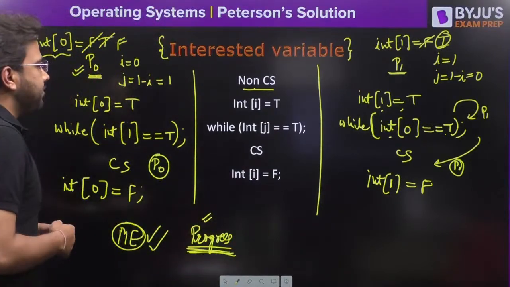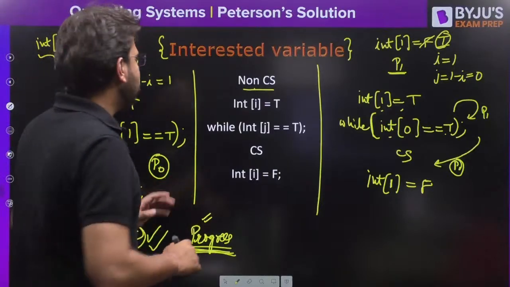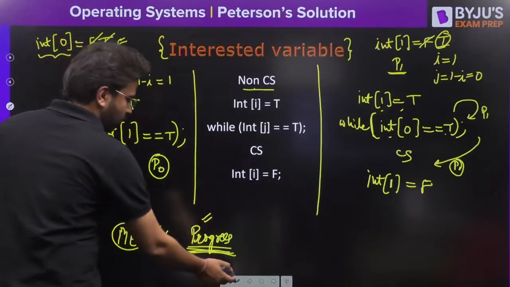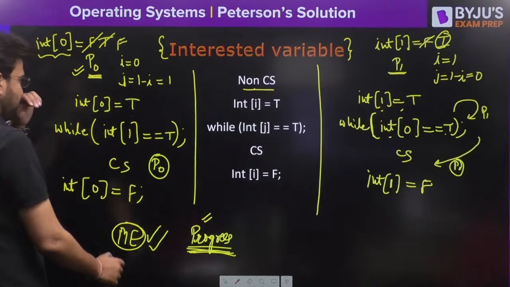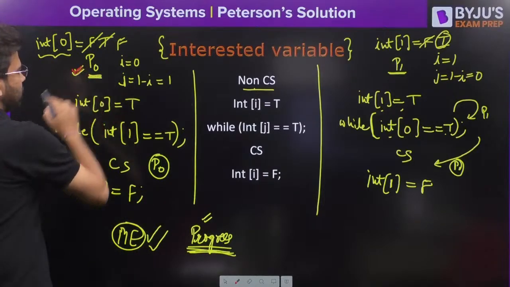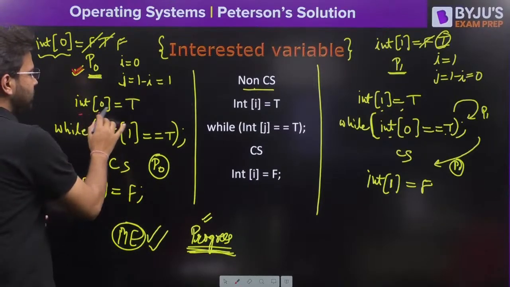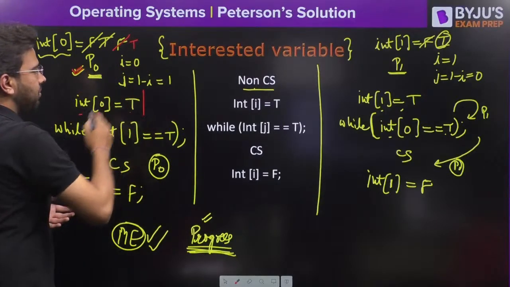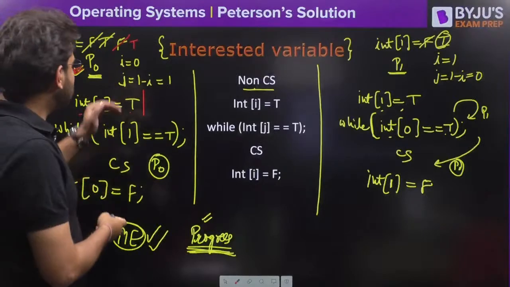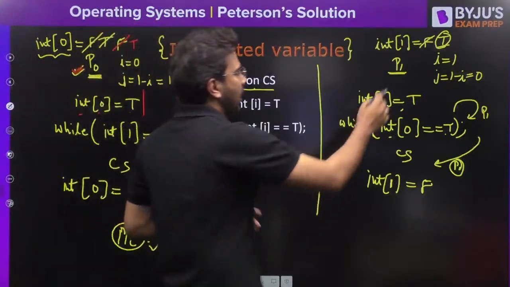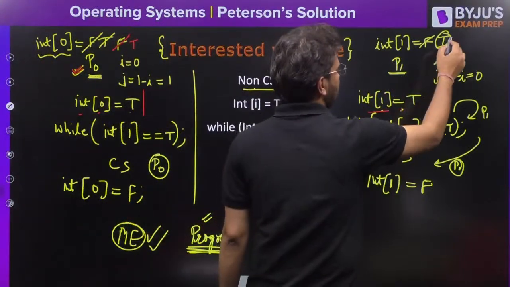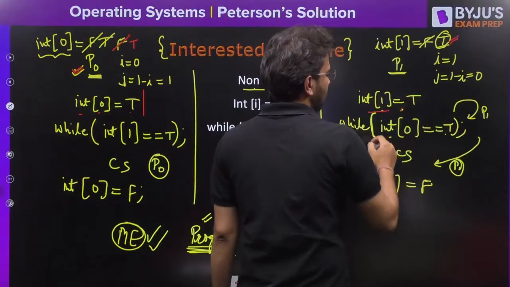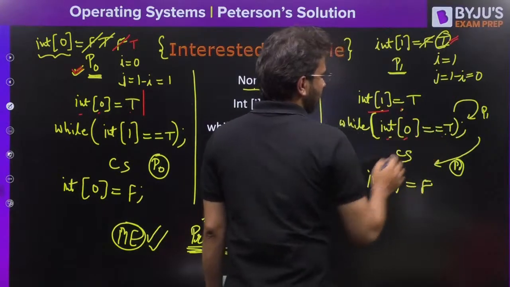But if you carefully observe here, let's take one more case. Let's say P0 executes, int of 0 is equal to true. It makes it true. Let's say it got preempted after that. Okay, let's say P0 got preempted. Now int of 1 is equal to true. Okay, we made it true. Now let's say int of 0 is equal to true.